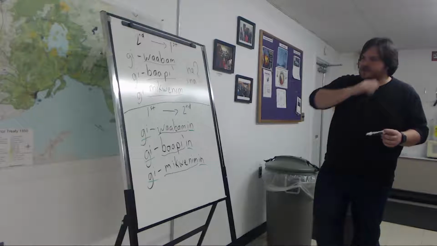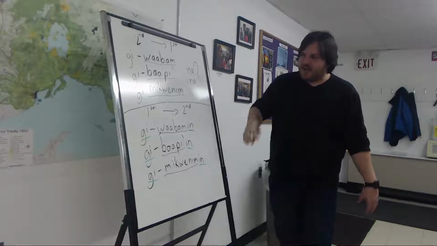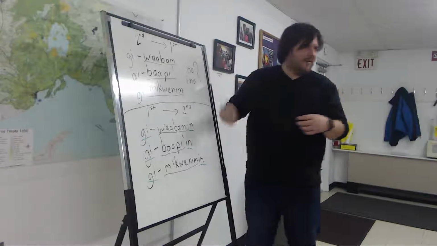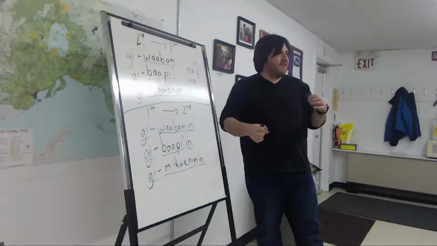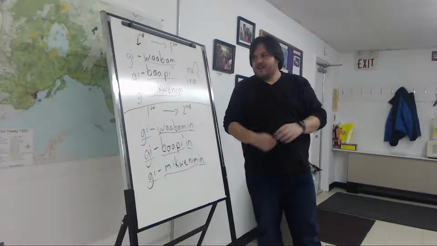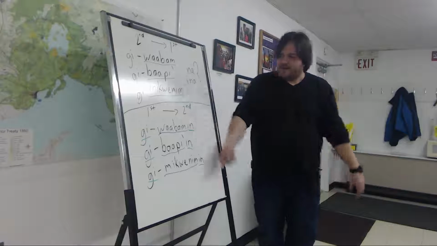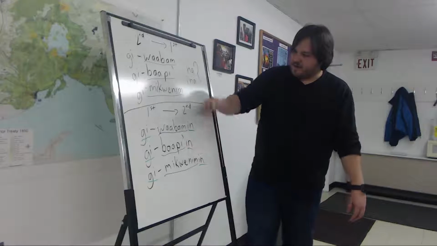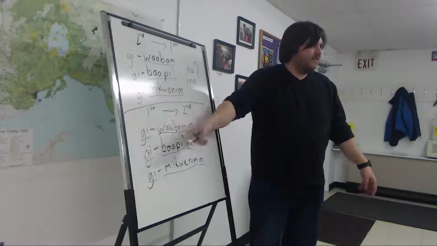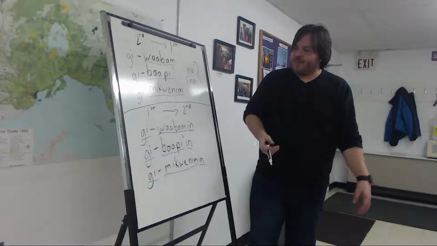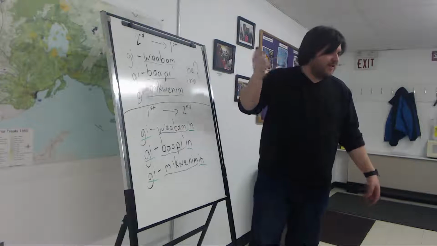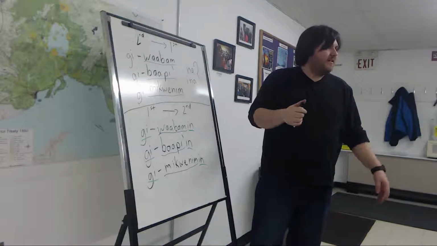So again, it's similar to the other ones. It's remembering all the little pieces and how they interact with each other. It's a little trickier with this one, because in all the other ones, when you hear the "g," you assume it's referring to the second person.